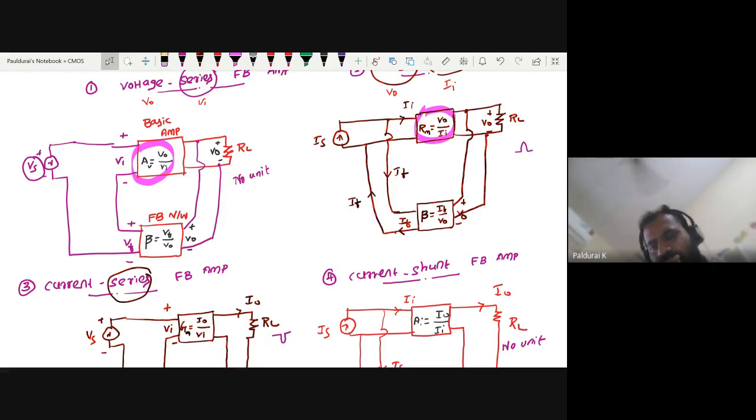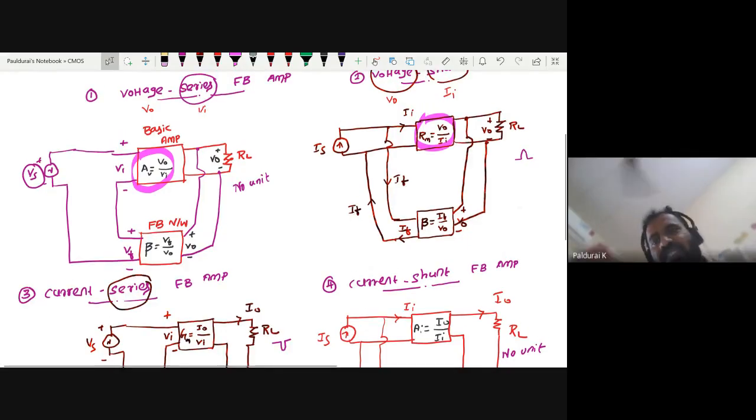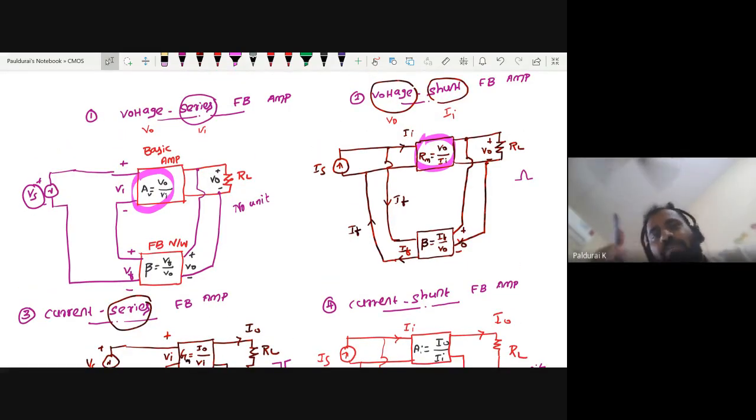But what it indicates, for voltage shunt feedback amplifier, the input is current. Suppose I assume my gain is some 5 ohm, and you are giving some 1 milliampere as current. Okay, take some 5 kilo.